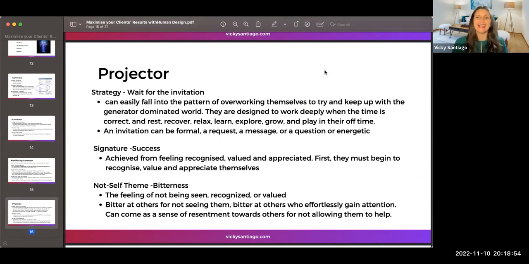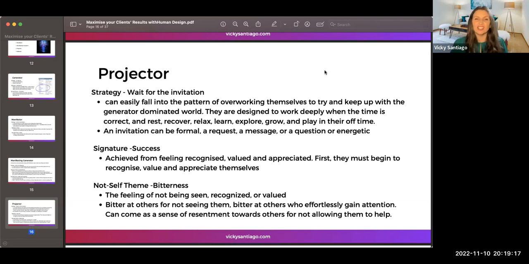Okay, projectors are here to guide. They are here to show up and do really deep work, but to have lots of work-life balance, to give themselves time to rest, recover, explore, grow, and play. So by waiting for the invitation, they can stay in alignment and use their energy at its best.